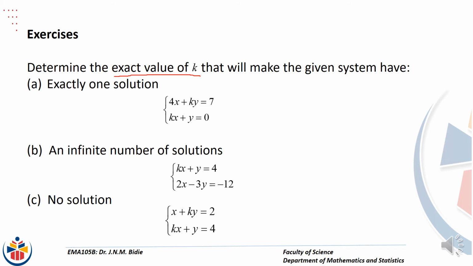That means if the first equation, when you multiply it by a particular constant, gives you the second equation, find that value that will make sure the second equation reduces to be exactly like the first equation. No solution means when you've reduced this equation, you get 0 equal to a number. You can determine that as well.